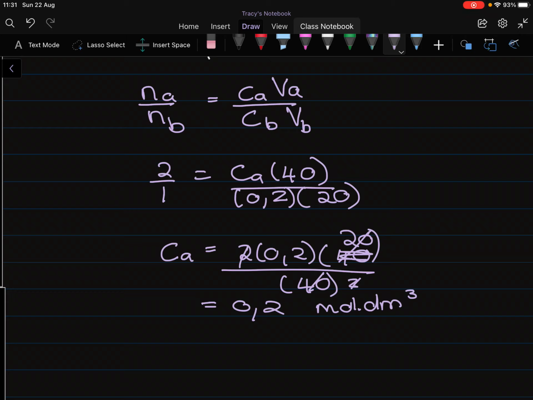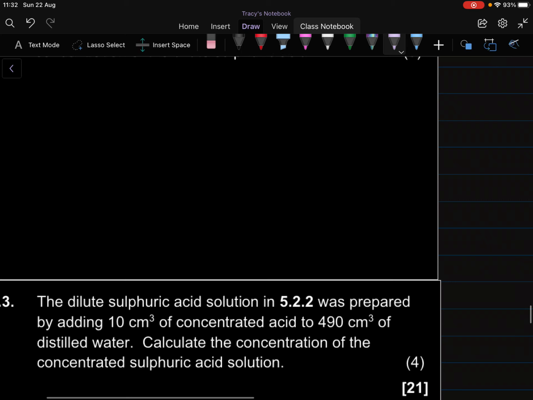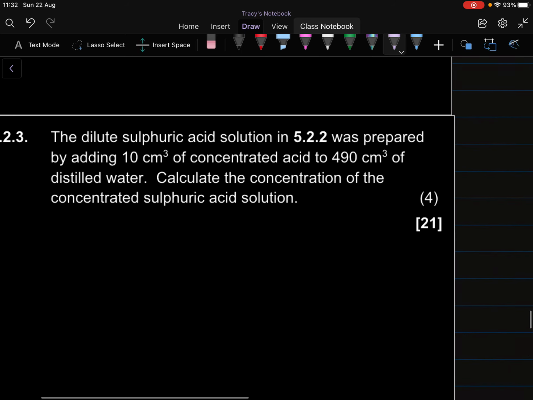If you're someone I teach and you're looking at the memo, it's wrong on the printed one. I am so sorry. Which means the next question's answer is also going to be wrong.